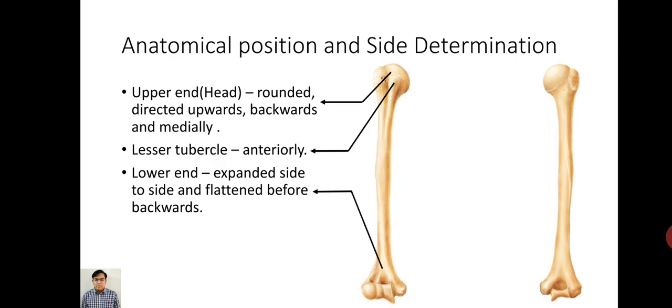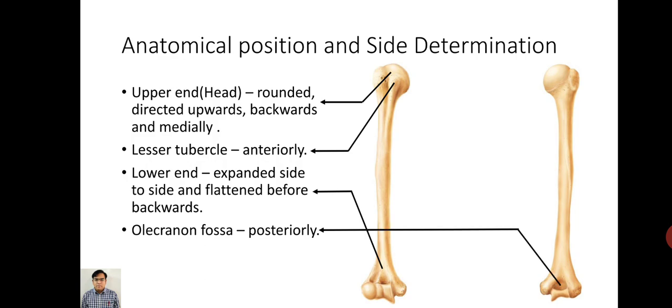So this is the lower end. And the olecranon fossa faces posteriorly, this one. So on the basis of this fact, this is the anterior and posterior side, the posterior aspect. So we can hold the humerus in an anatomical position by these facts, and we can determine the side. So this is the humerus of the right side.